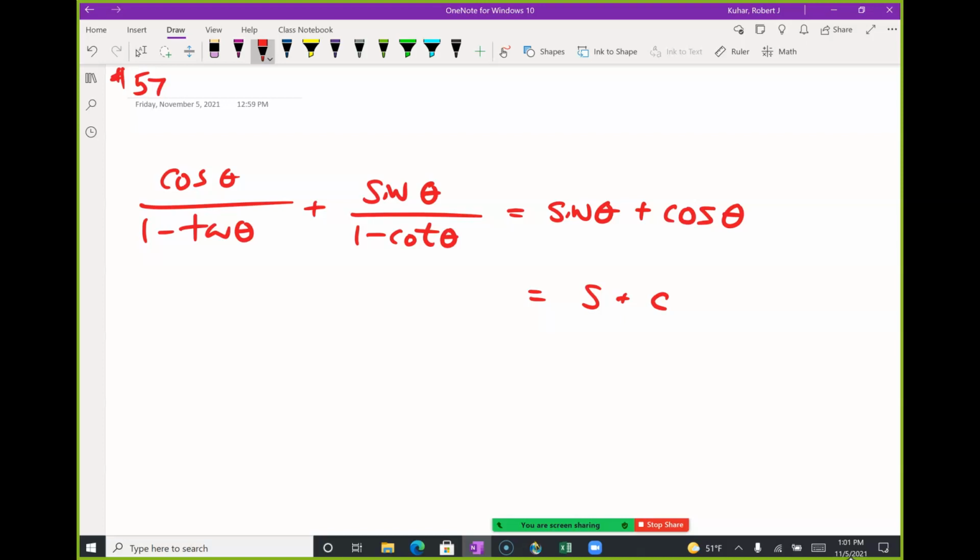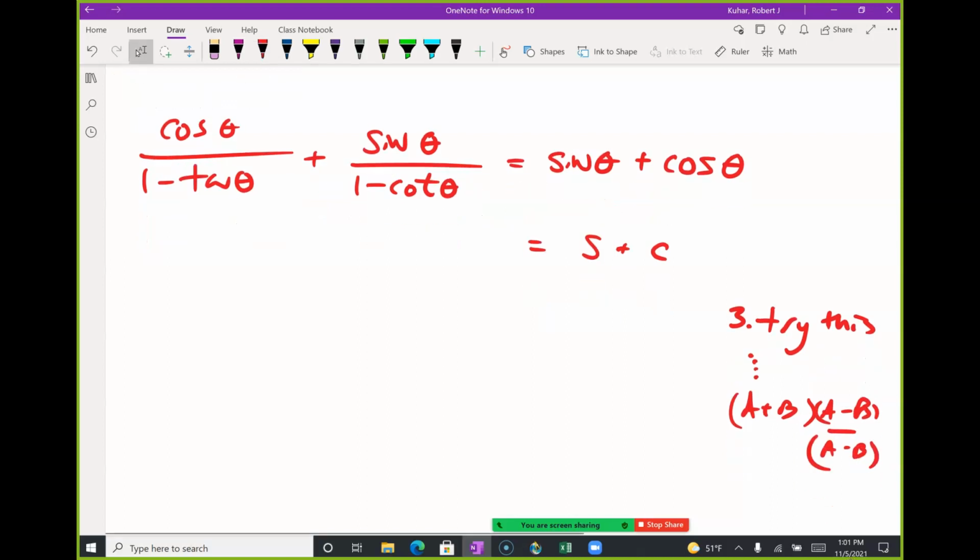It could even be a plus b, where a minus b is the conjugate. So try this: a plus b times a minus b over a minus b, right?